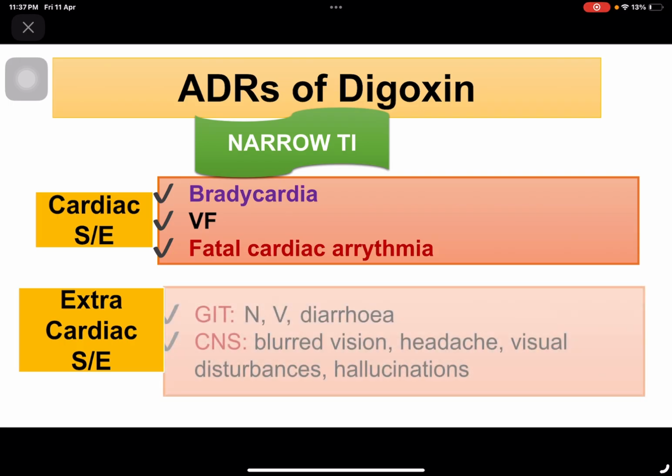The extra cardiac adverse effects in the GIT are nausea, vomiting, and diarrhea. Then the CNS: blurred vision, headache, visual disturbances, and hallucination. And digoxin is one of the narrow therapeutic index drugs.